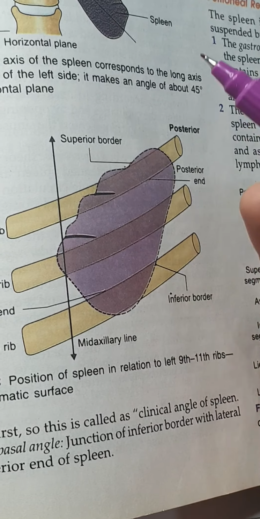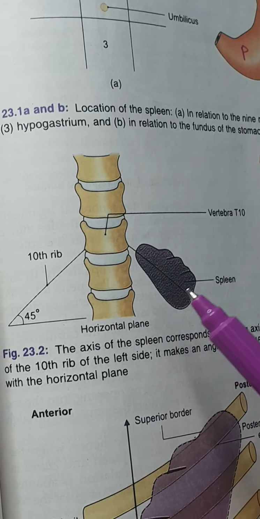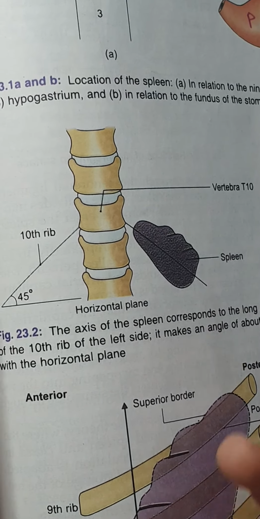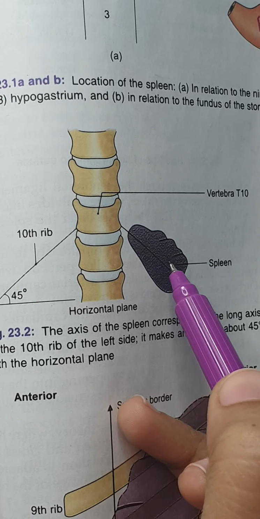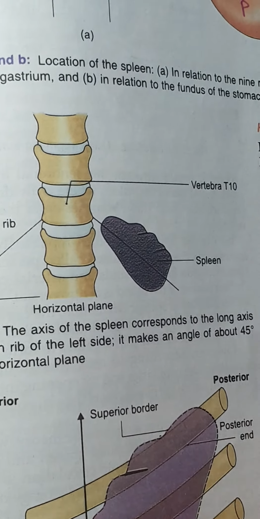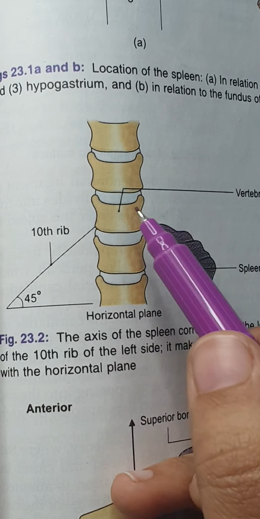Okay, so now when we talk about the position of spleen, this is spleen. It lies obliquely along the axis of the 10th rib. Here you see that's the 10th rib.